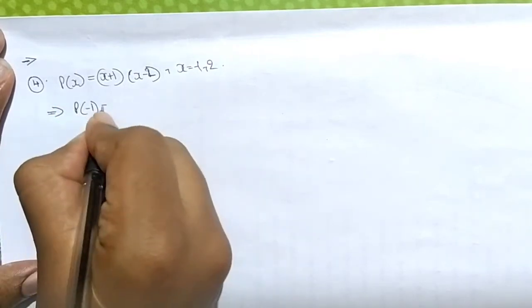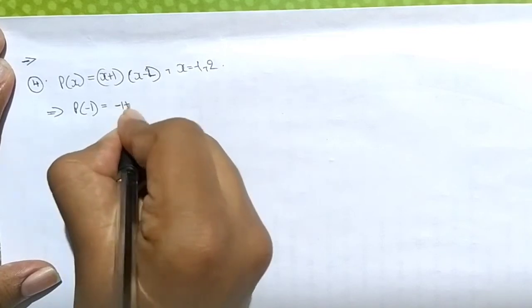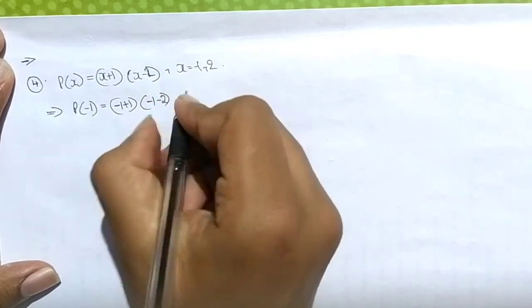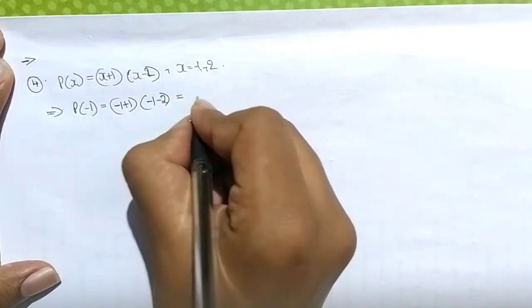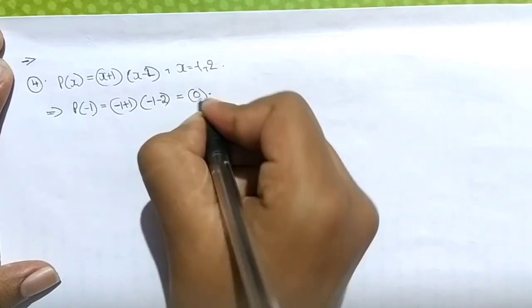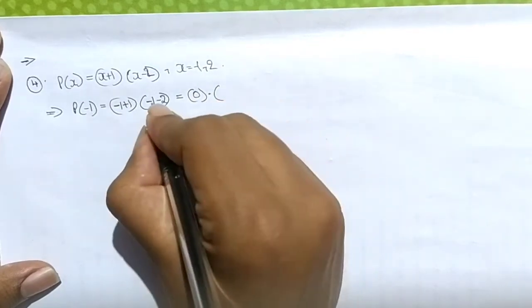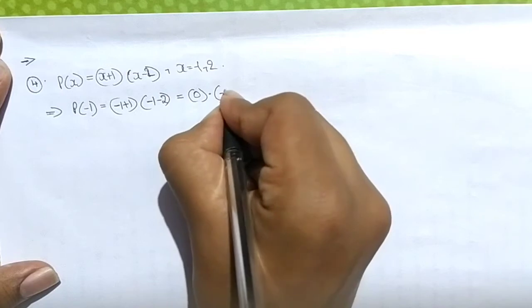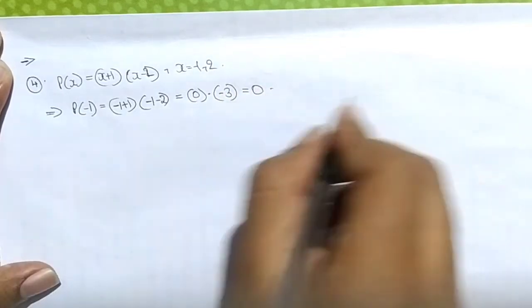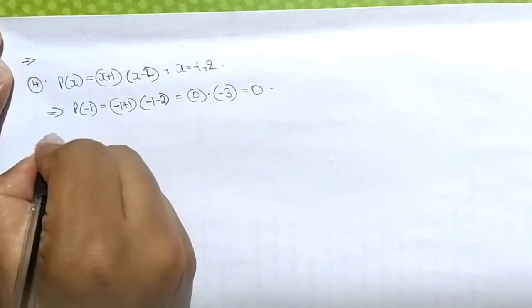P of minus 1 gives us minus 1 plus 1 into minus 1 minus 2. That gives us minus 1 plus 1 is 0 into minus 1 minus 2 is minus 3. 0 into anything gives us 0 only. Minus 1 is a 0 of the polynomial.